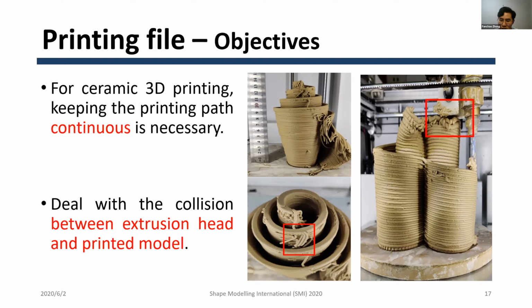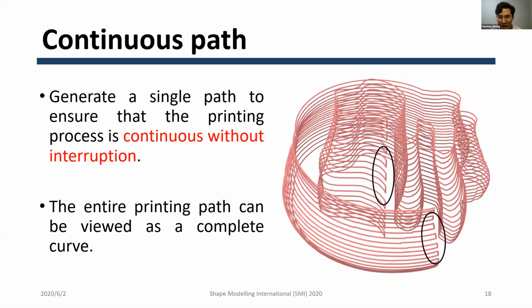The 2 pictures on the left show the collapse caused by a discontinuous printing path. For the second problem, we will make a specific statement later. The third picture shows the collision between the extrusion head and the printed model. As mentioned before, we generate a single path to ensure that the printing process is continuous without interruption.